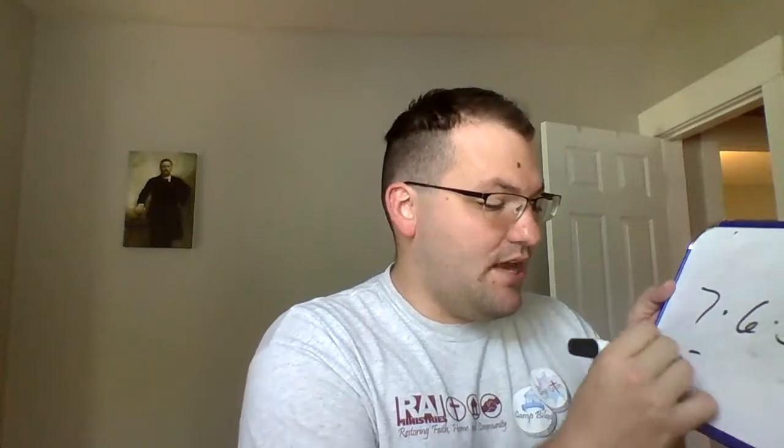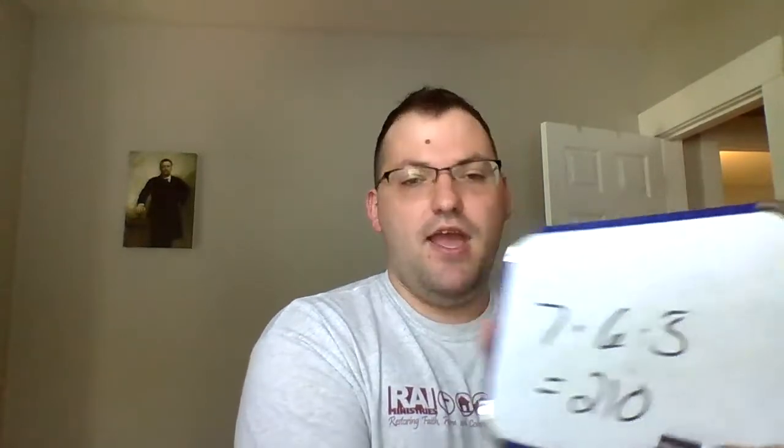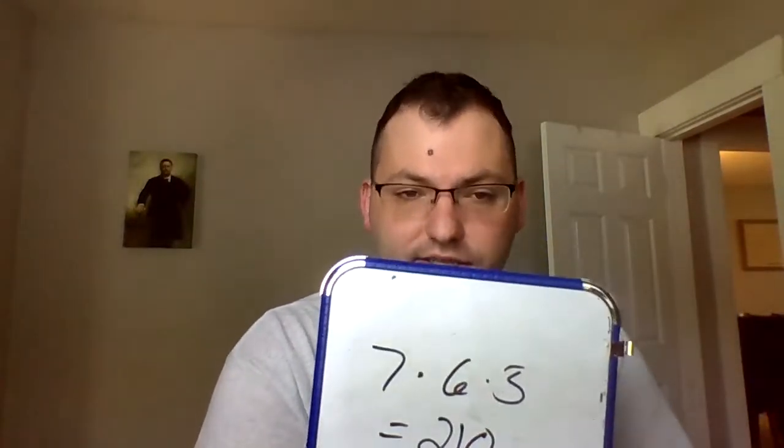So, I go 7 times 6 times 5. 6 times 5 is 30, times 7 is 210 possible outcomes. Okay, so hopefully you got 720 for A and 210 for B.